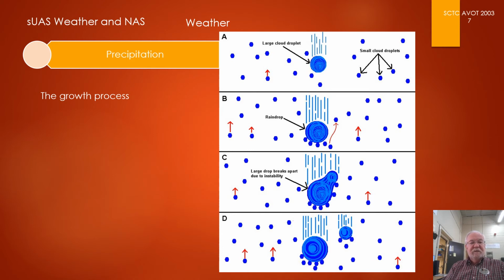Interestingly enough, the average time it would take for a cloud droplet to fall to the ground from like 3,000 feet might be several days. And lots of times it evaporates before it hits the ground. So somehow there has to be a process where these things grow in size to the point where they are heavy enough to actually fall.